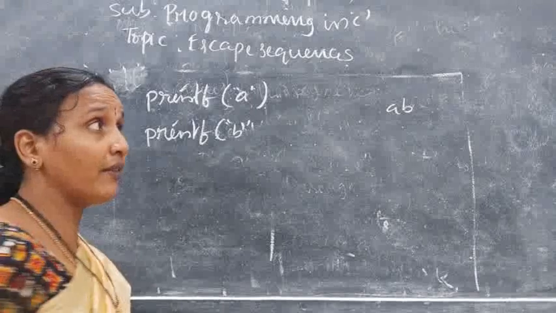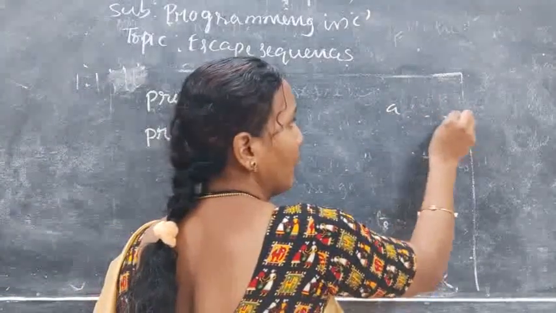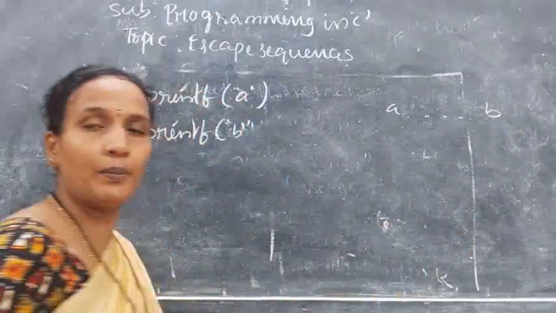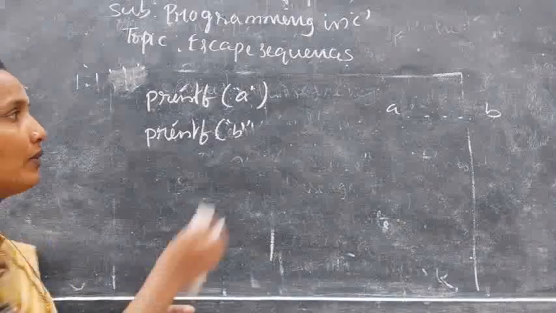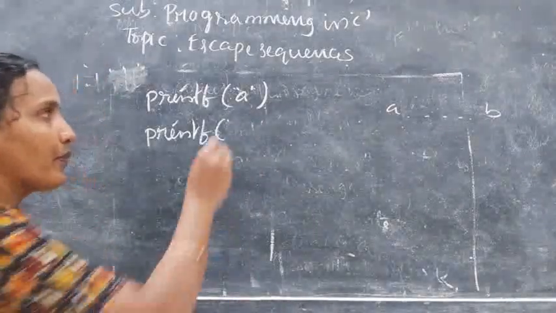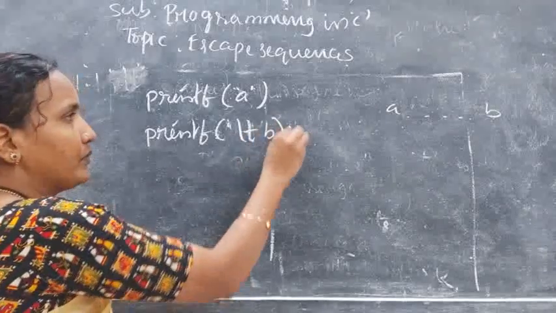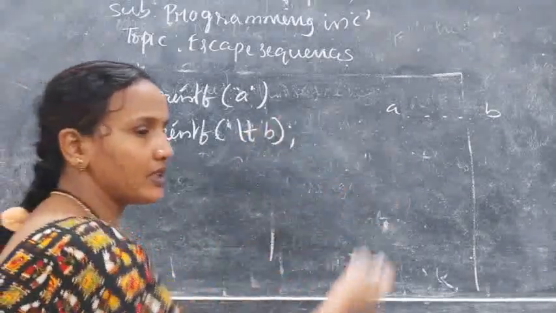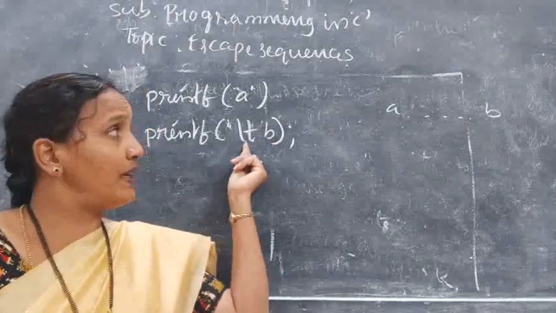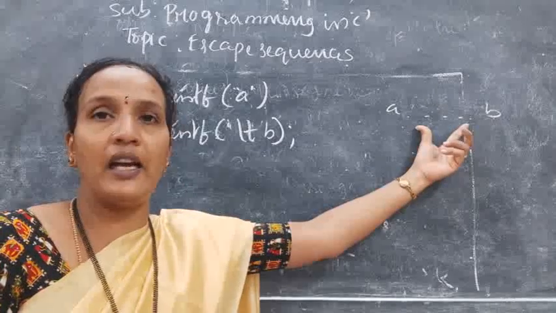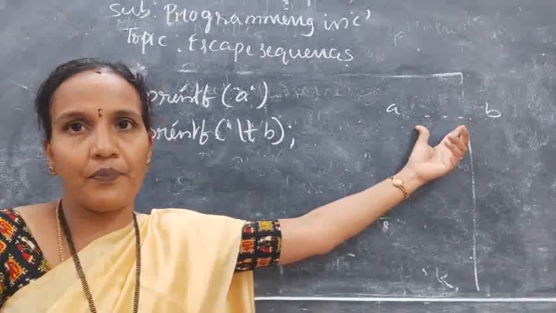But if after A I want to give 8 character spaces, then print B, then we'll add backslash T and B. Then whatever text follows this backslash T is printed after 8 character spaces, that is tabular space. Okay, here it is.